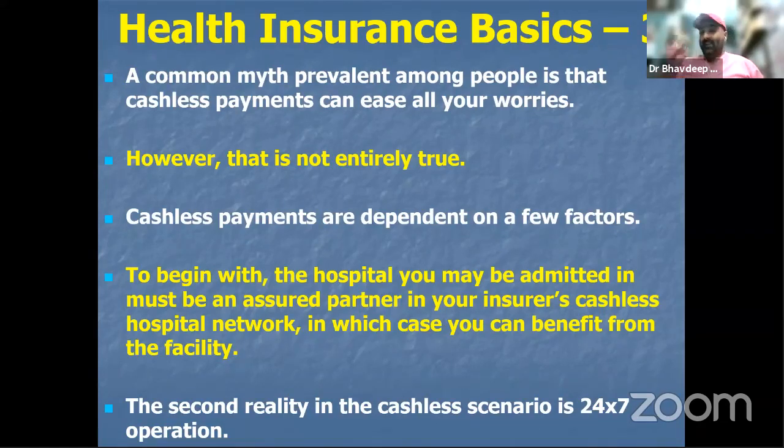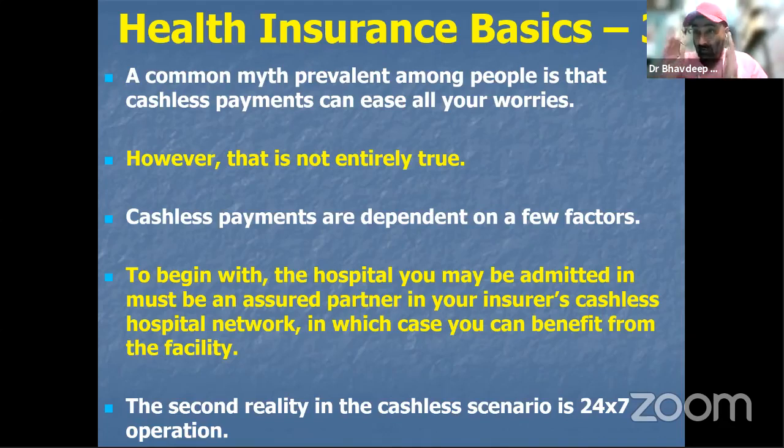And the second scenario in a cashless thing is that not all hospitals would work 24/7. Yes, most of the tier 1, 2 cities usually have a help desk where things are happening, but the reception help desk and the insurance help desk are different things.